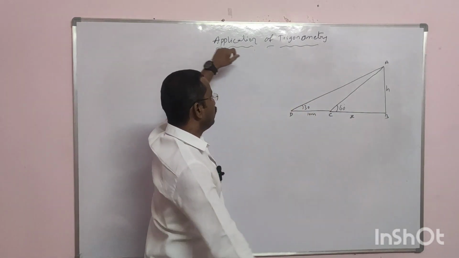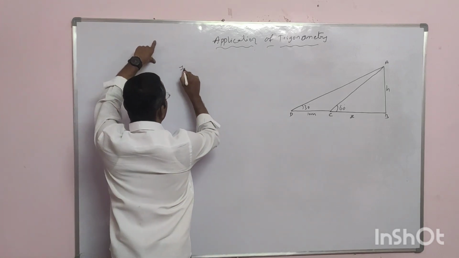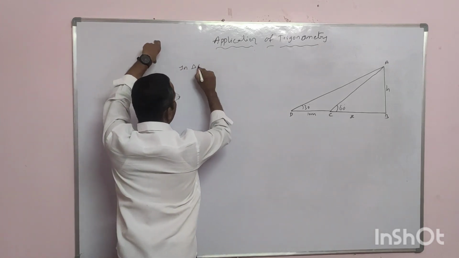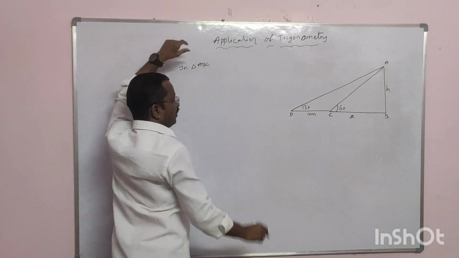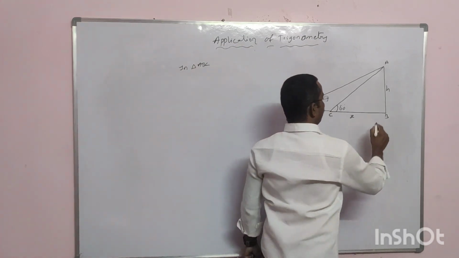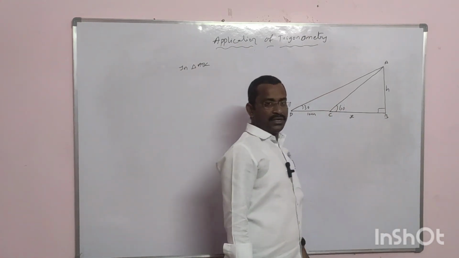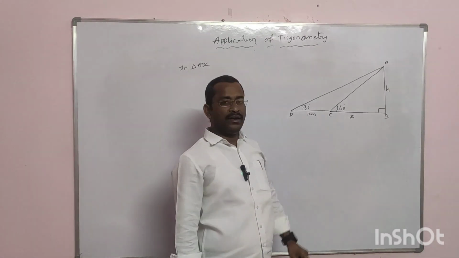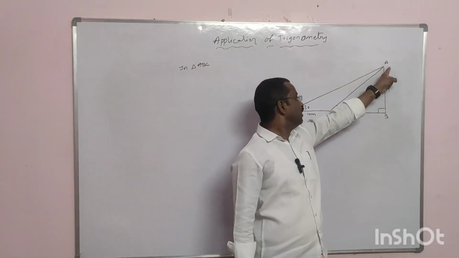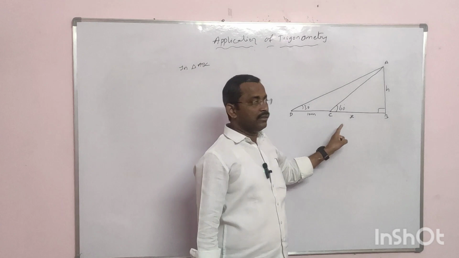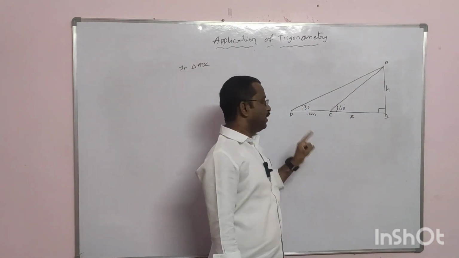So then what will you do? In triangle ABC, you need to select a right angle triangle compulsorily. There are two right angle triangles: ABC and ABD.